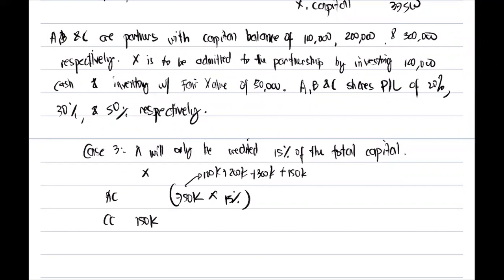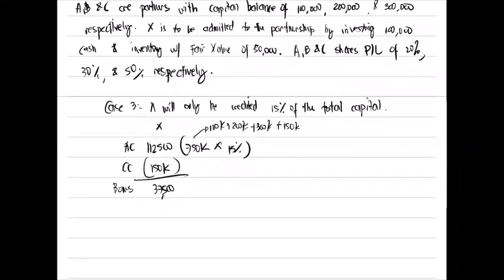So 750,000 times 15% will give us 112,500. So this will be a negative. So this is a bonus from X. So 112,500 less 150,000, we have again 37,500.